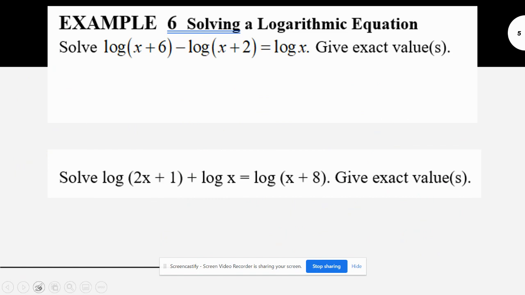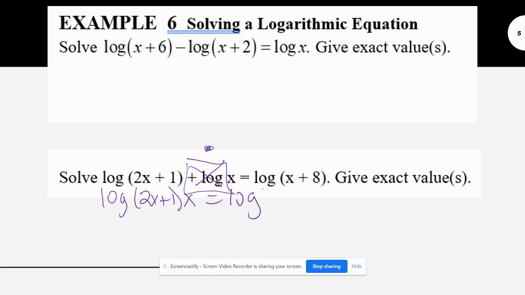Let's try the second one. For the second one, we again want to condense this so that we have a log equals a log. Addition started as multiplication. So this is log of 2x plus 1 times x equals log of x plus 8.